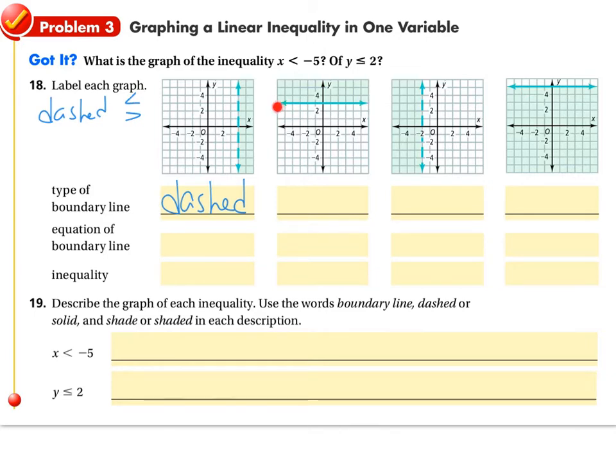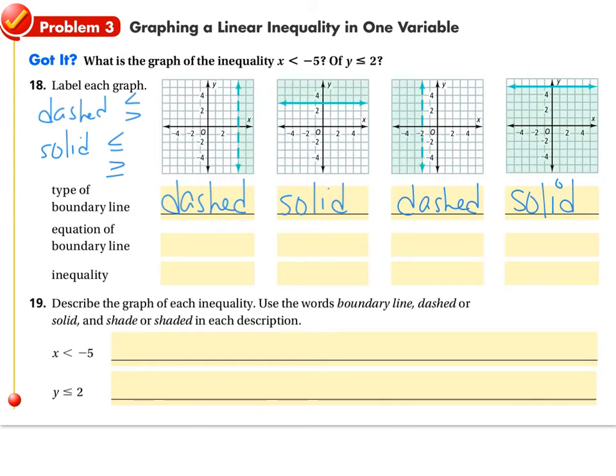The second one has a solid line. Solid means you will use the inequalities less than or equal to or greater than or equal to. The third one is dashed. And the last one is solid.